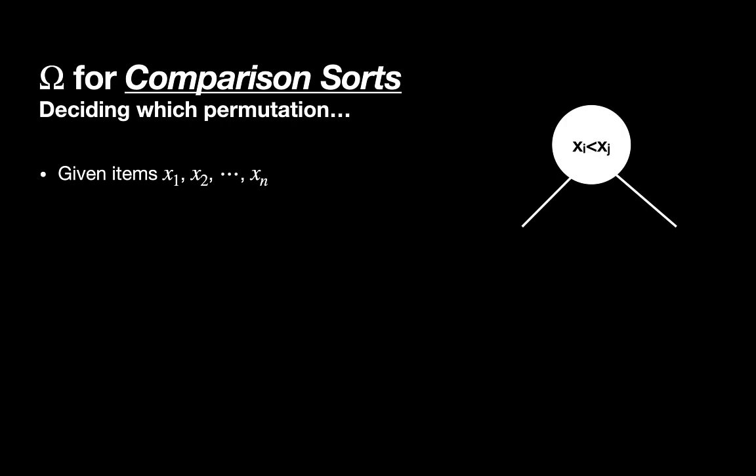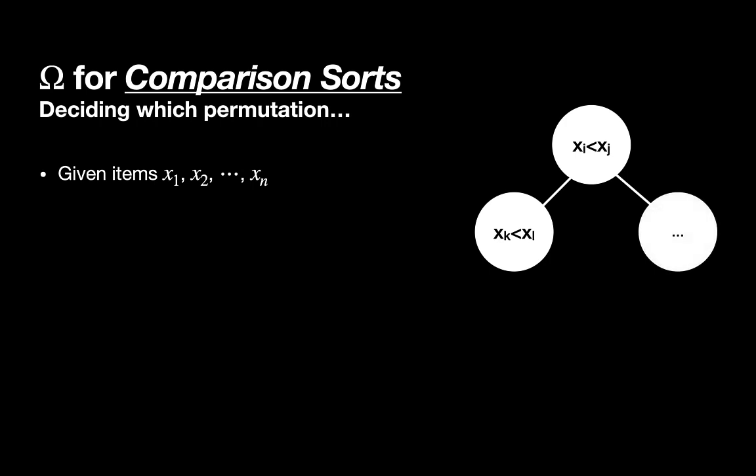Once we know whether the ith item is less than the jth item, maybe we'll see if the kth item is less than the lth item. Or if it was not less than, maybe if we go on the right side of our little branch here, maybe we'll check some other pair of items. Okay, so what's depicted here should look kind of familiar. We're basically using a tree representation to represent a sequence of several different decisions we need to make.